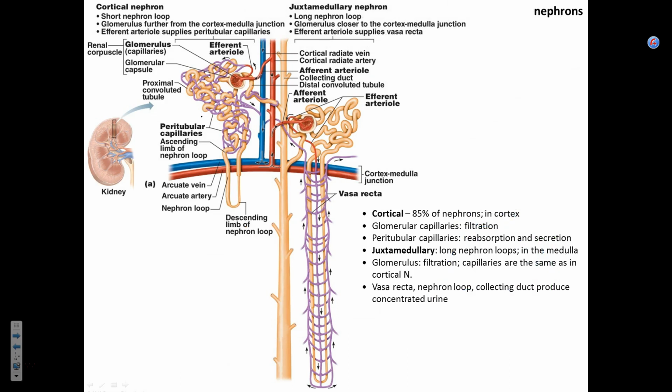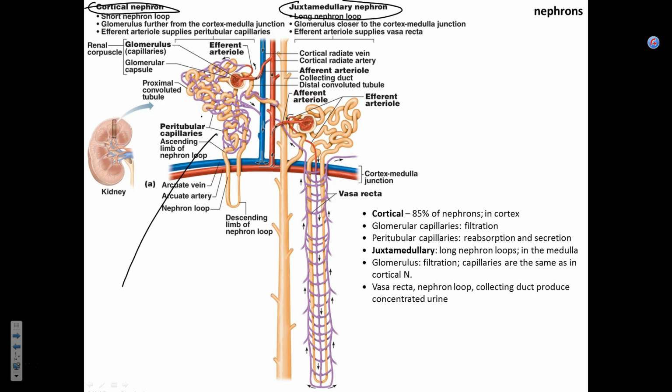So this is, unfortunately, I didn't have the individual images of these 2 types of nephrons. So this image is a little bit crowded, but I will try to explain the difference between those 2 as good as I can. So you can see that there are 2 types of nephrons, definitely 2 types. Cortical nephron on the left and juxtamedullary nephron on the right. So what is the difference between these 2?